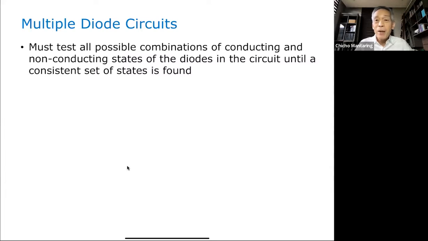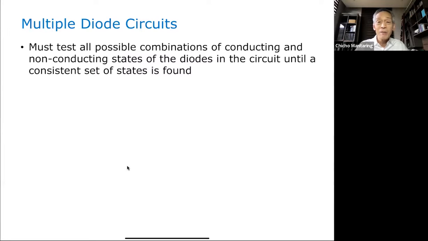So ibig sabihin nun, for example, if I have two diodes, there will be four possibilities. Two diodes, so they can be both conducting, both not conducting, the first diode conducting and the second not conducting, and vice versa.